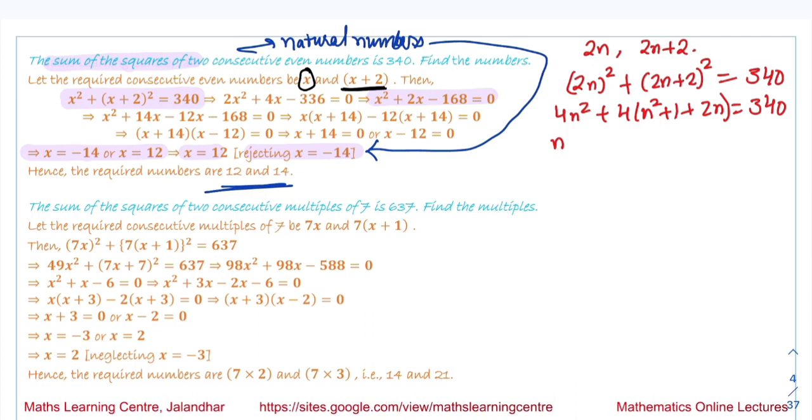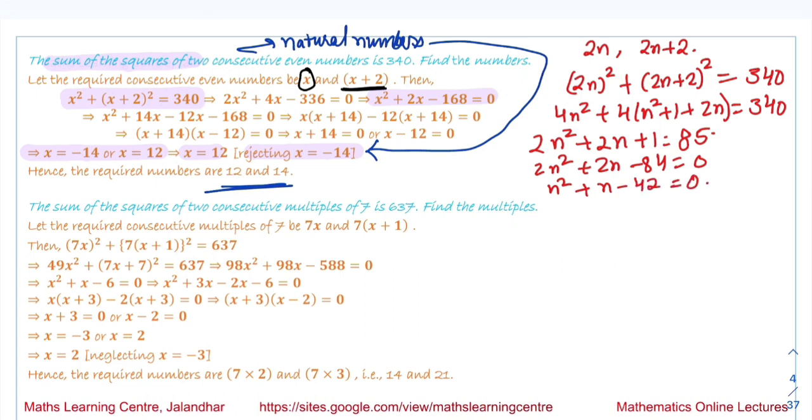So we get 2n square plus 2n plus 1 is equal to 85. So we get 2n square plus 2n minus 84 is equal to 0. That is n square plus n minus 42 is equal to 0.